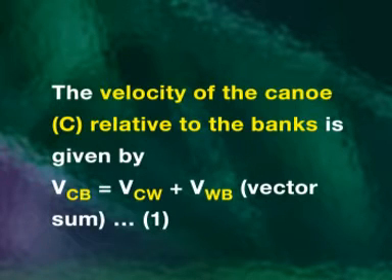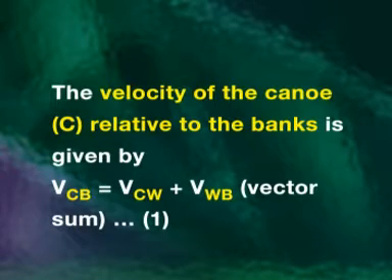On the right-hand side, VCW starts with C and ends with W, and so the second term, VWB, starts with W and ends with B. Thus, for the right-hand side, we start with C and end with B. Look at the left-hand side, which must equal the right-hand side. It also starts with C and ends with B. Look at it again on your screen.